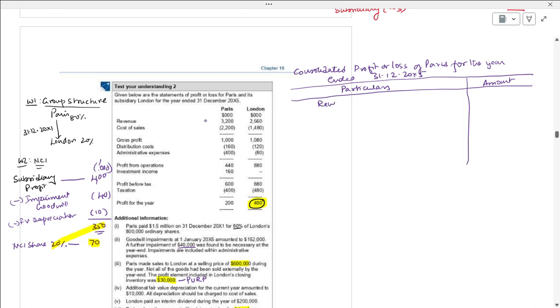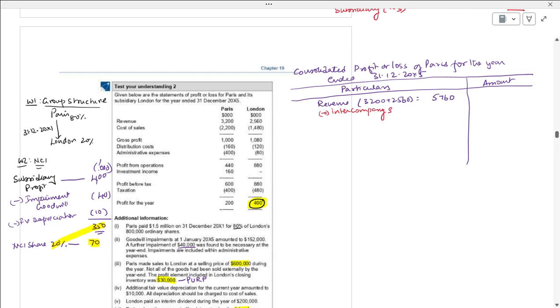Revenue. How much is the revenue? Slowly and steadily do, same process. They have a selling price, intercompany is there. Revenue is 3,200 plus 2,560, which is 5,760. Minus intercompany sales.